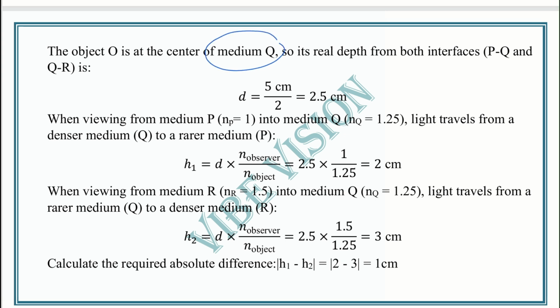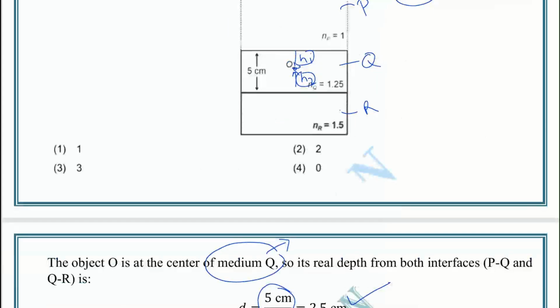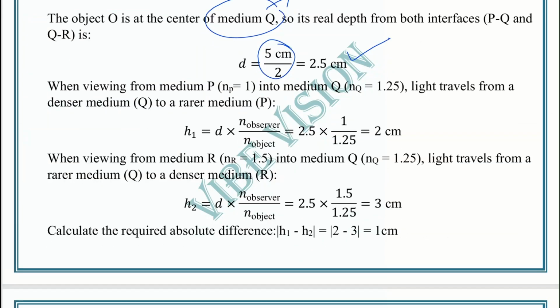The medium Q has a thickness of 5 centimeter, so the actual depth from both sides is D equal to 5 by 2, that is 2.5 centimeter. When viewing from medium P, we are calculating H1.